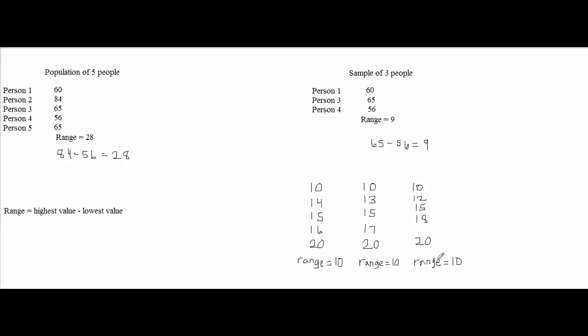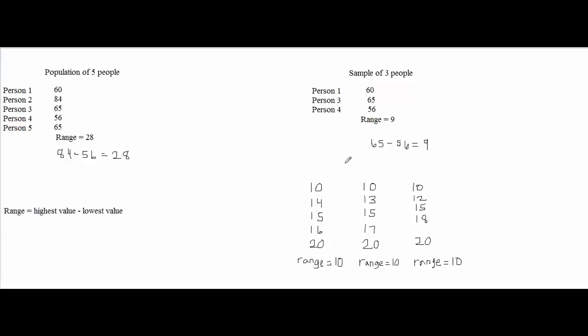It'll just stay the same. So in other words, it's possible for different sets of numbers that have different amounts of spread to all have the same range. The range isn't showing that the dispersion differs.